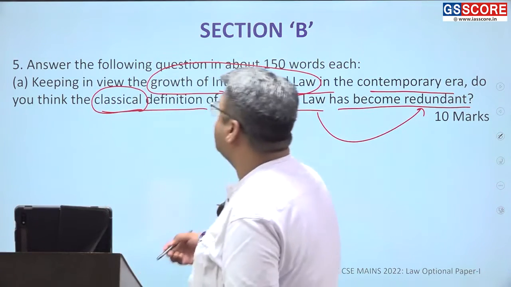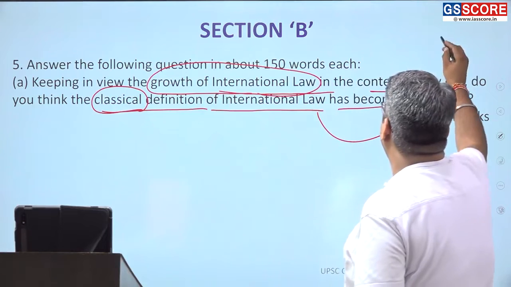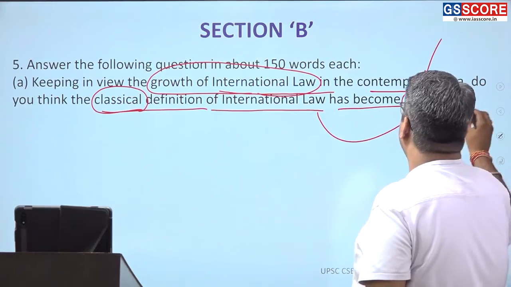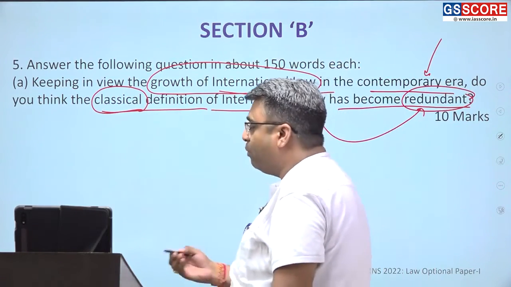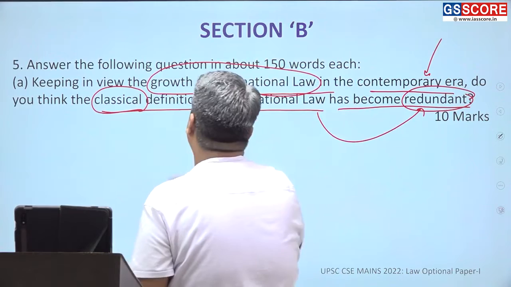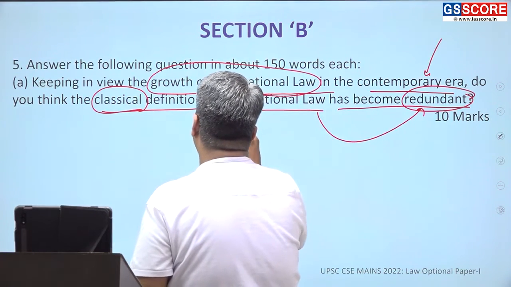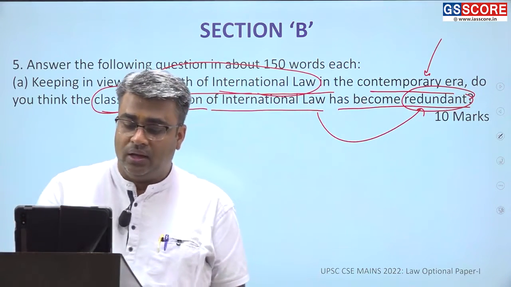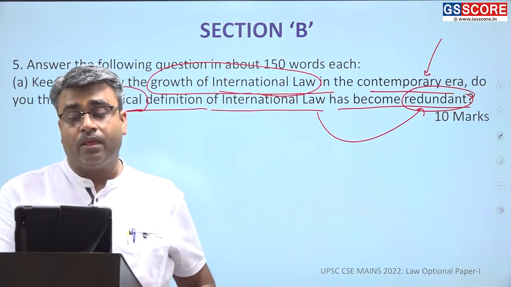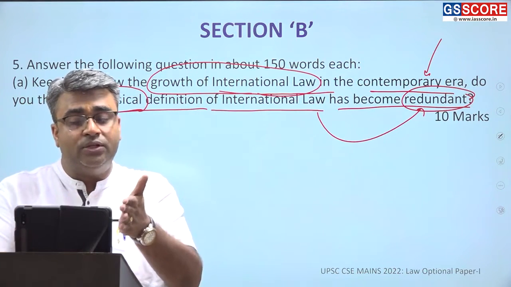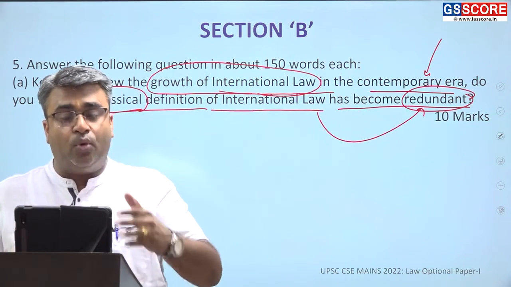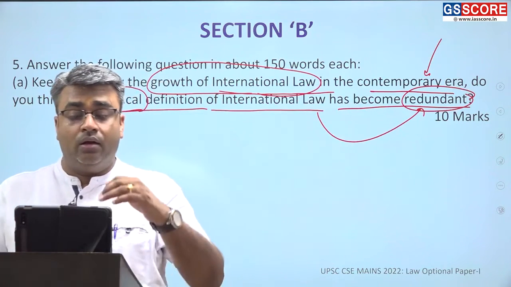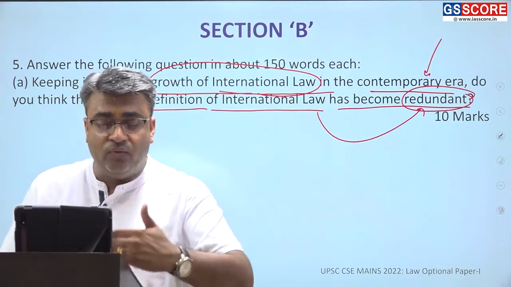So, if we go by the contemporary era, I do not think that the classical definition has become redundant, because ultimately in all these definitions, like Oppenheim's, the main idea of international law is the kind of relationship among nations, among states, and more specifically the body of rules and principles of action, or the body of rules of law, which apply in the international community because of the relationship of one with another.